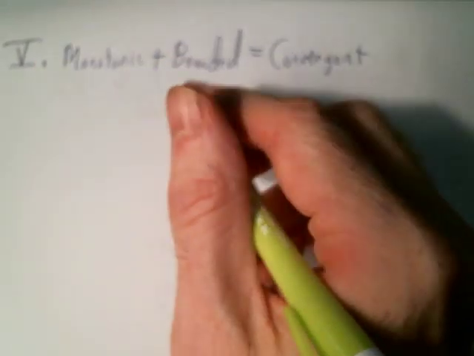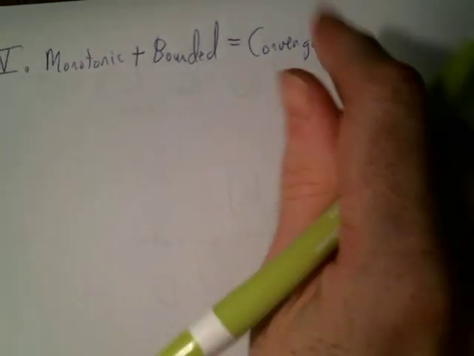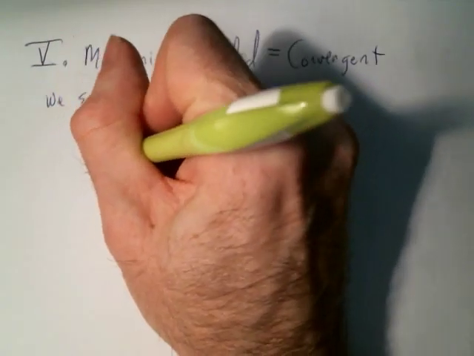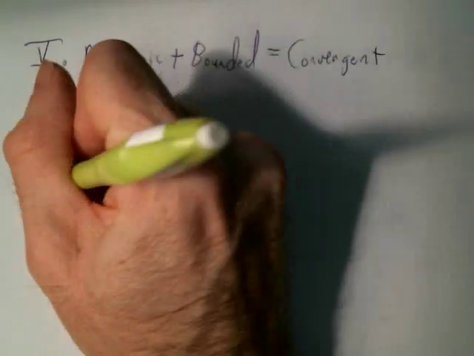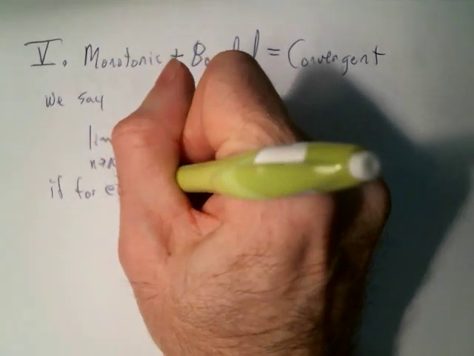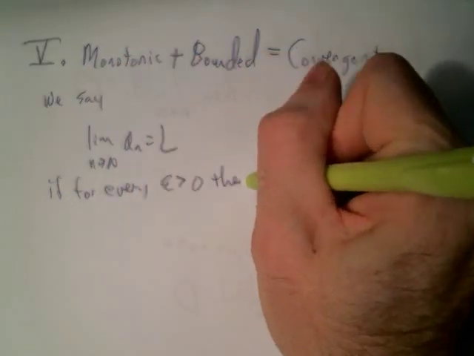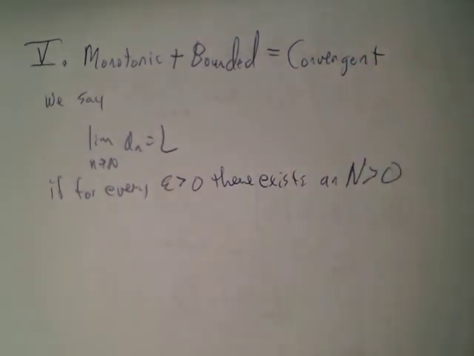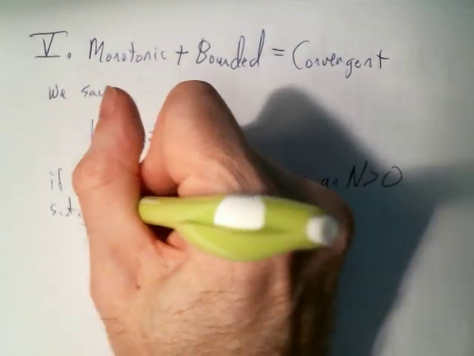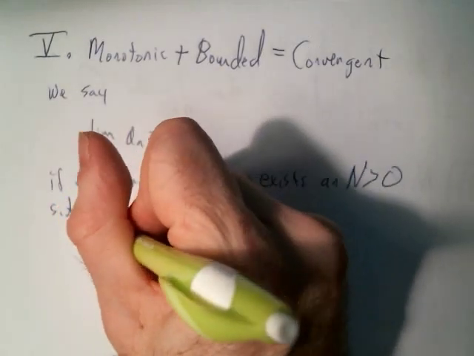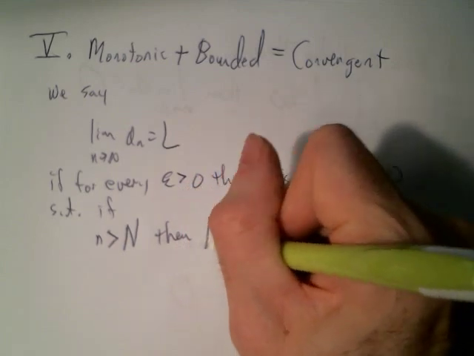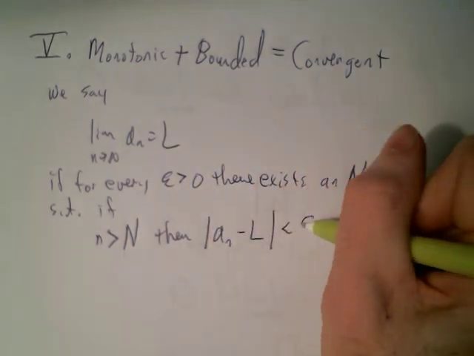In order to do the proof, I want to remind you again of the definition of a convergent sequence, the strict definition. We say the limit as n goes to infinity of a_n equals L if for every epsilon greater than 0 there exists an N, or maybe an M, greater than 0 such that if little n is greater than big N, then the distance between a_n and L will be less than epsilon.